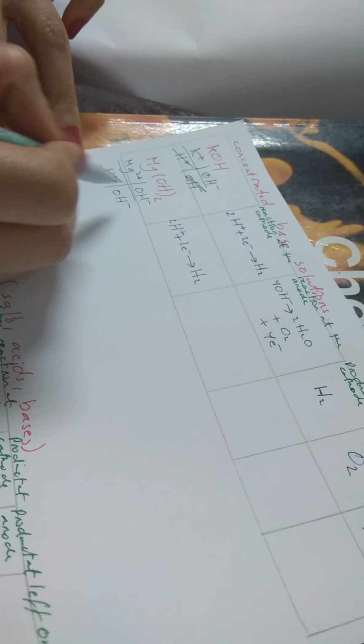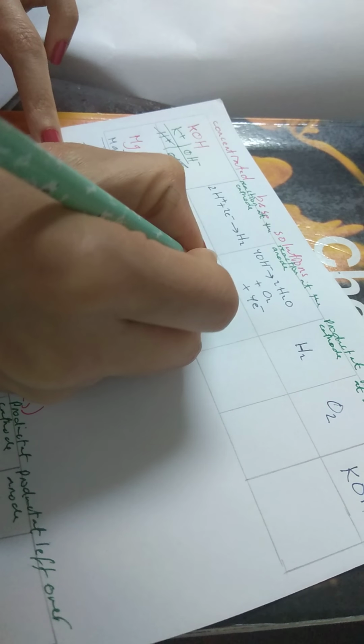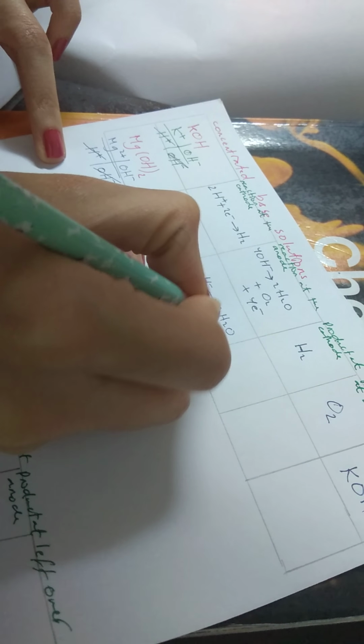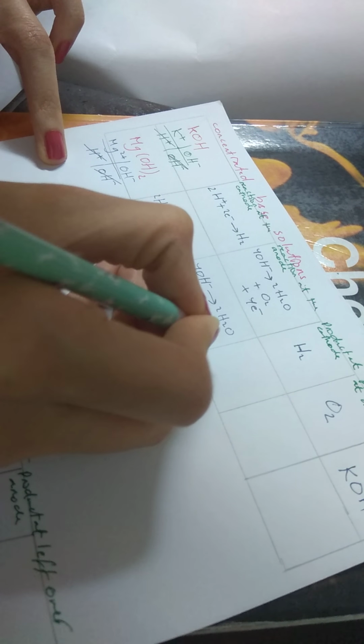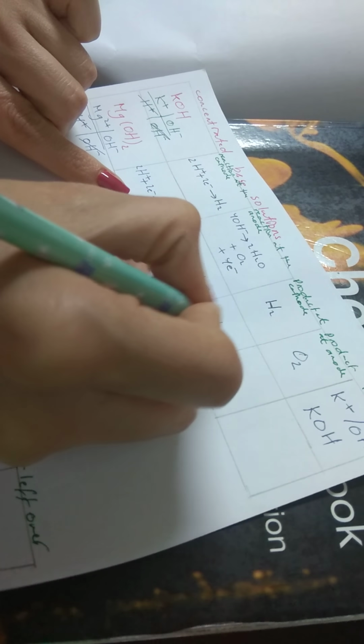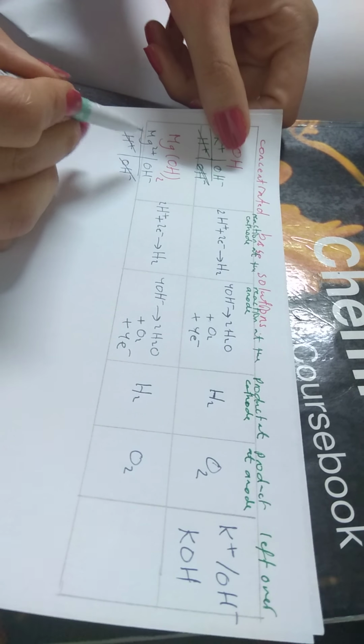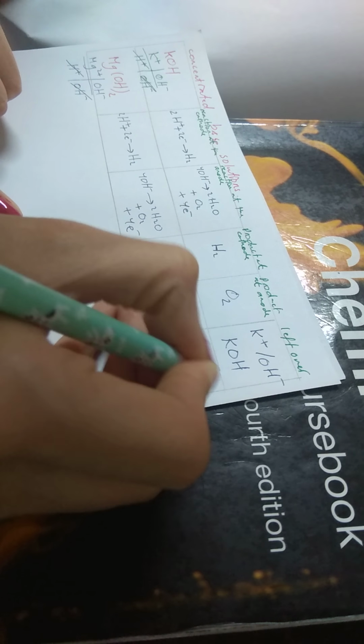At the anode, we only have one choice, which is the OH minus. The products will be H2 and O2. The leftover is the Mg and the OH minus, so Mg plus 2, OH minus, which will give the Mg(OH)2. This is the leftover from this reaction.